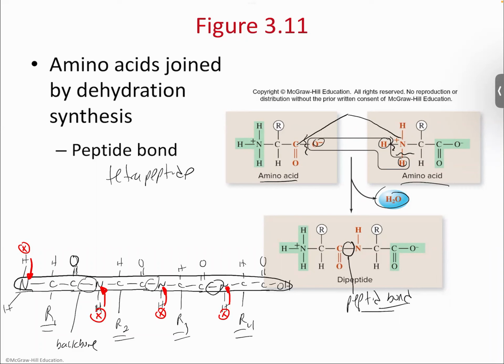So what's the charge going to be on those oxygens? Yeah, those oxygens come across negative. Just like with water, when the oxygen pulled the electrons toward it, those oxygens on those acids are going to be negative.